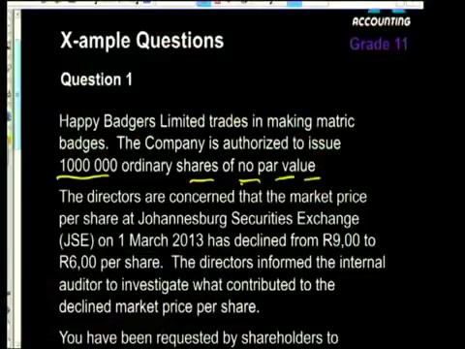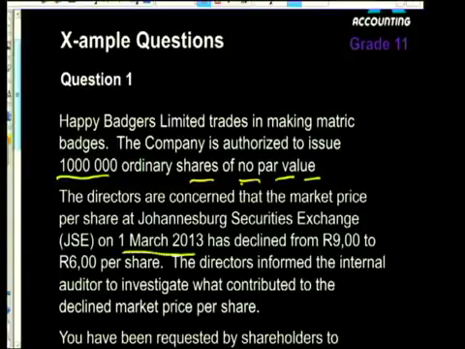Right, what is our concern? The directors are concerned that the market price per share at the Johannesburg Securities Exchange, the JSE, on the 1st of March 2013 has declined from 9 Rand to 6 Rand per share. Right? So a concern.